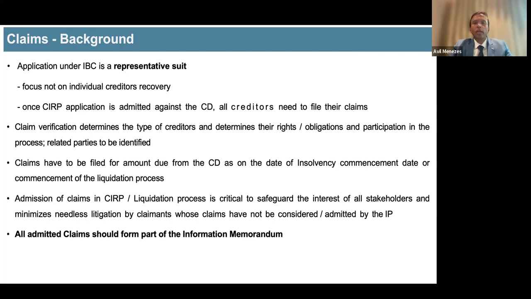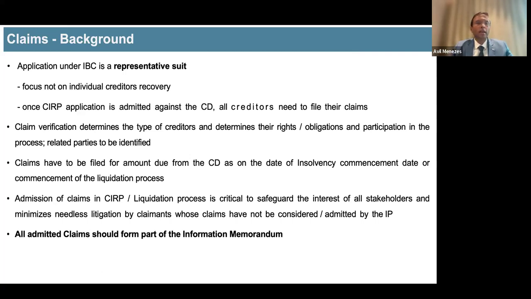So it is a document which can be updated from time to time. You can have n number of versions of an information memorandum. So it's always important to keep and safeguard those versions, because those documents you have used as a part of the process. You should periodically update the information memorandum.